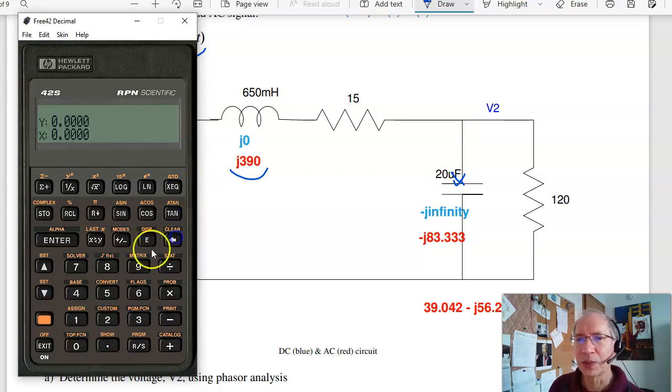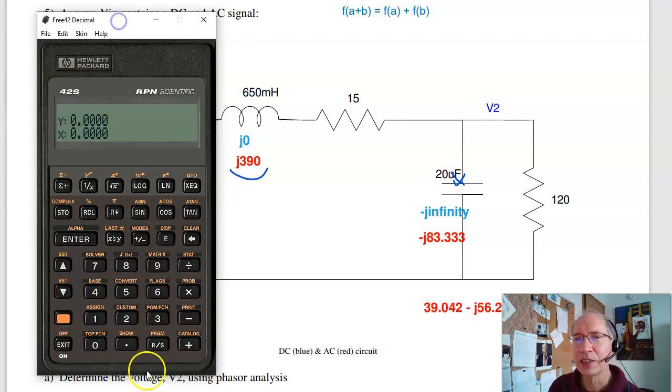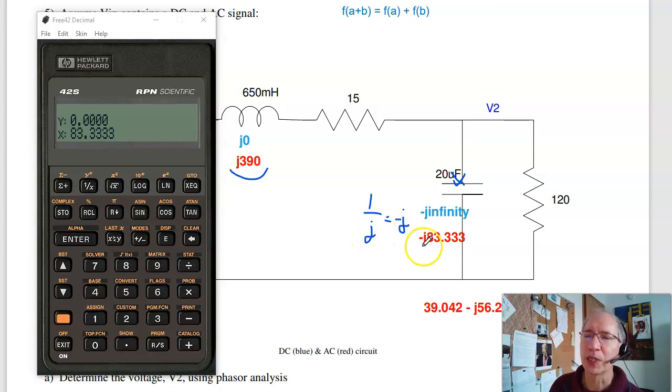I forgot, 600 radians per second times 20 microfarads, 20 e minus 6. Take the inverse, that's 83.3 ohms, and 1 over j is equal to minus j. Multiply the top and bottom by j, I get j over j squared is minus 1, minus j83.33.